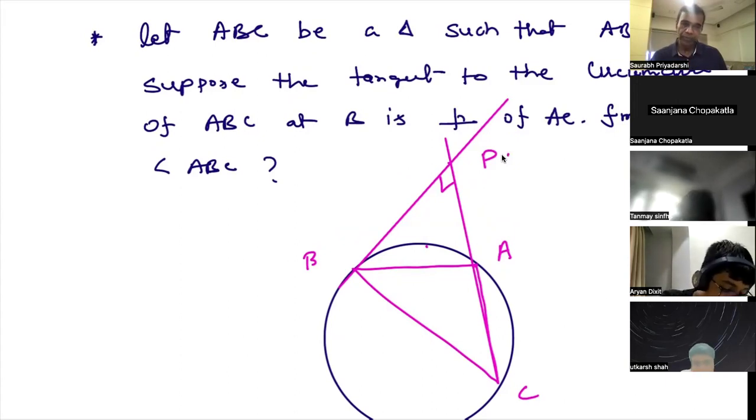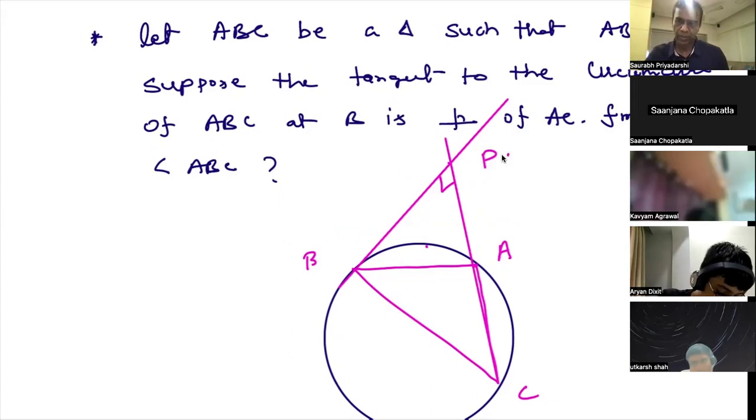Right angle what, Kavya? Sir, I'm getting angle A as 90 degrees. Angle A is 90, so it will be a diameter?